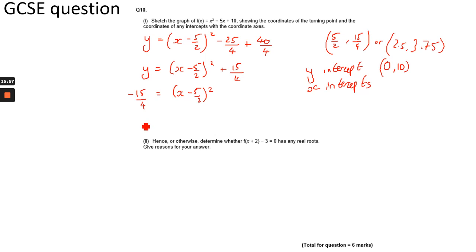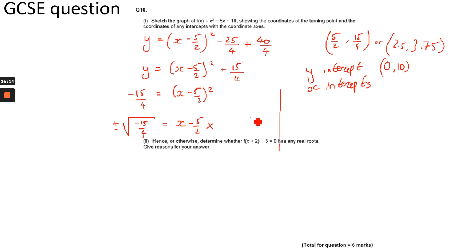If you square root both sides, you get plus or minus the square root of a negative number. Now, because it's a negative number, you can't actually solve this. So this one is not actually going to cross the x-axis at all.